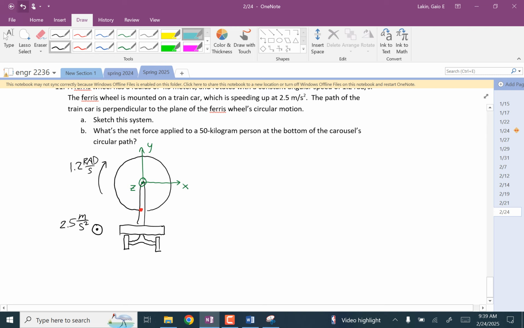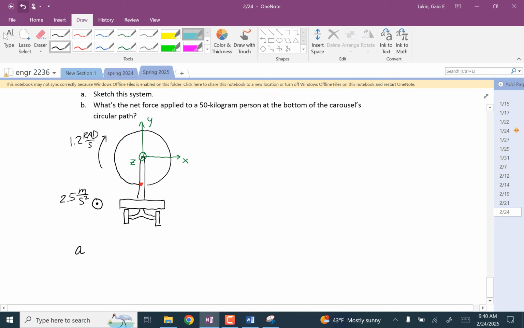The problem is the train car is accelerating, and so that's a non-inertial coordinate system. So we're going to have to use relative motion. We have one frame of reference on the train car where this is a simple circular motion, but then we have to account for the acceleration of that frame of reference. Any questions about that? You want any more clarification on that?